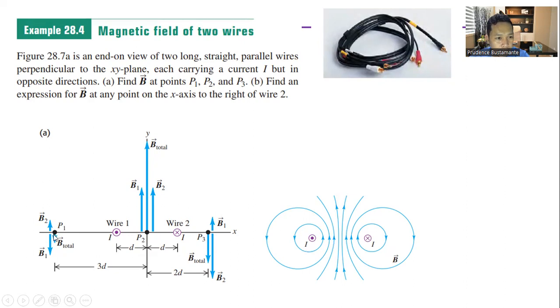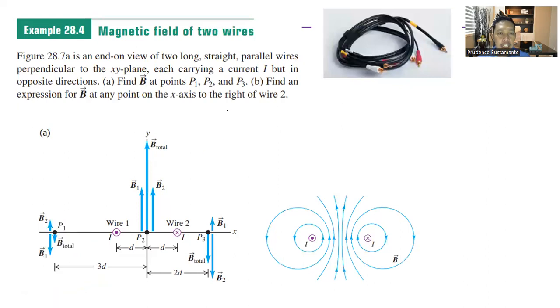Say for example at point one, we have a magnetic field B1 due to wire 1 in this direction, and also the magnetic field B2 due to wire 2 in this direction, and we calculate the B total.